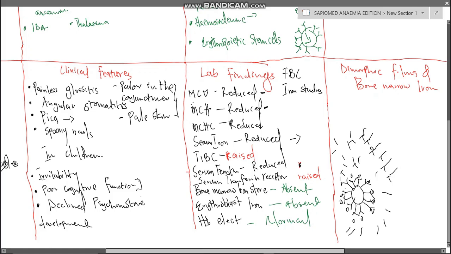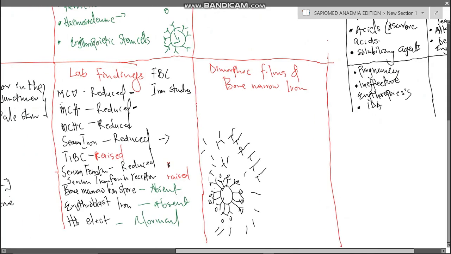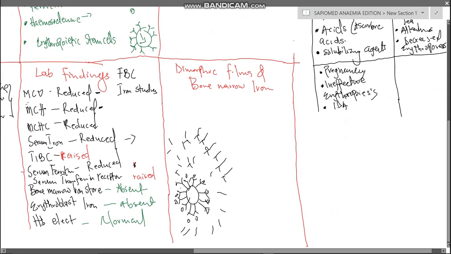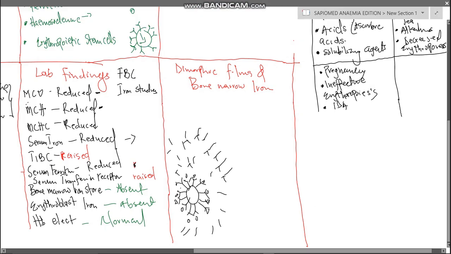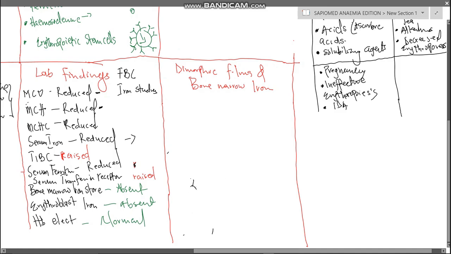Okay, so the last thing we would want to talk about is the dimorphic films and bone marrow iron. Dimorphic, the word means two morphology.